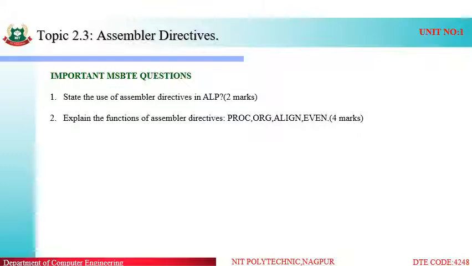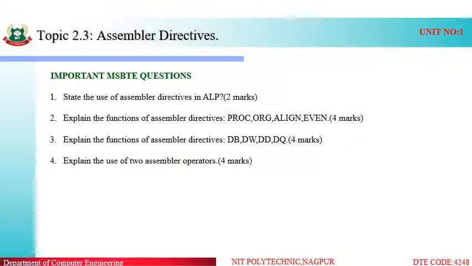ALIGN is to align the memory location. EVEN is to select the even memory addresses. And explain the function of assembler directives. DB, define byte, is used to reserve 8 bits of memory. DW is used to reserve 16 bits of memory. Define byte, define word, define double word, define quad word. Likewise, explain the use of any 2 assembler directives like duplicate.